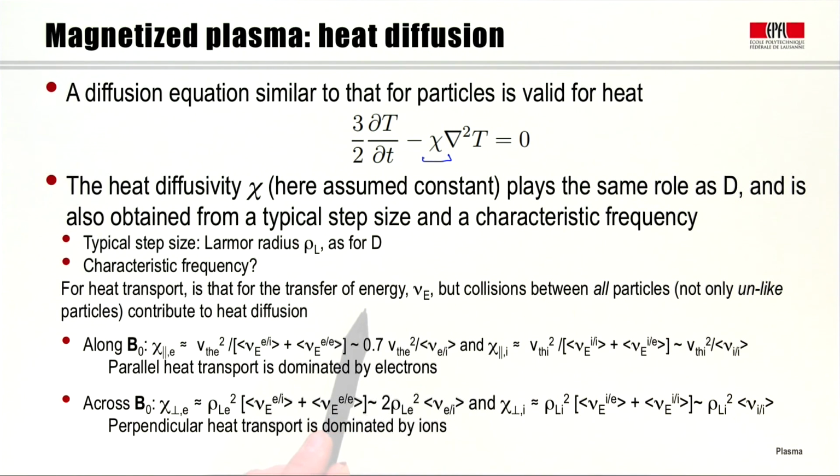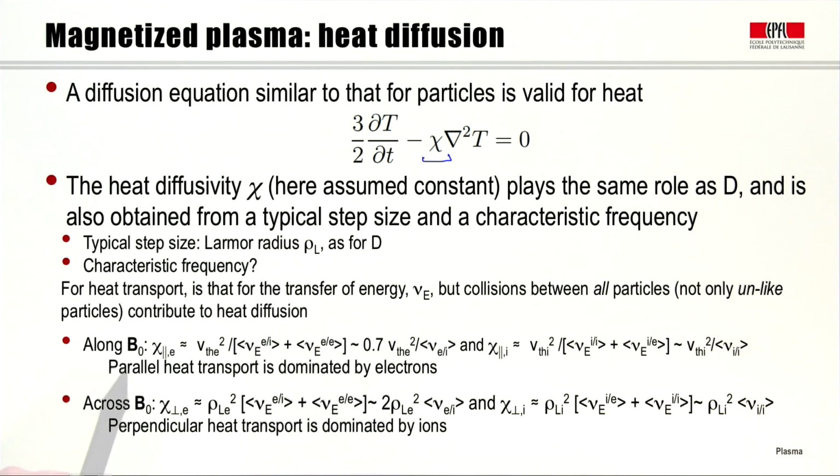And that's difference number one. Difference number two is that for heat transport, collisions between all particles, and not only unlike particles, contribute to heat diffusion. We don't care which particles collide as long as they transfer energy. So there is no effect of leading to a net transport of zero if particles are identical.